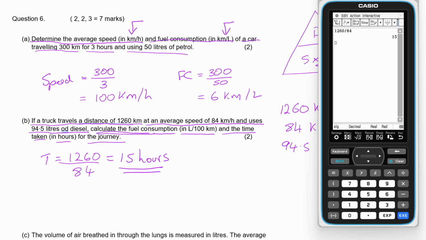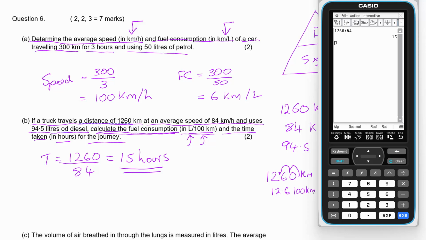And we want the fuel consumption in litres per 100 kilometers. So that gives us the division we're doing, number of litres and the number of hundreds of kilometers. So 1,260 kilometers is 12.6 lots of 100 kilometers.